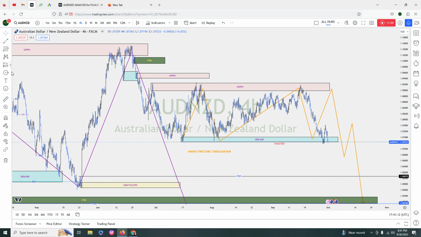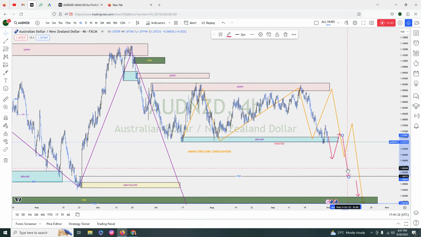In fact, let me just draw it for you. We are likely to see a break, then a retest, and after the retest, a continuation, either to this region or this region. So that is what is likely to happen in the coming days.